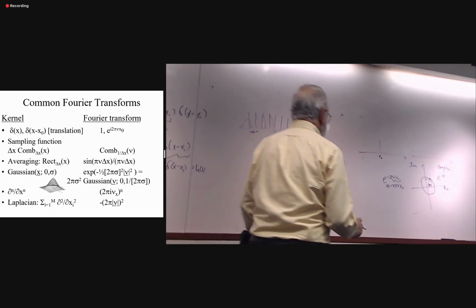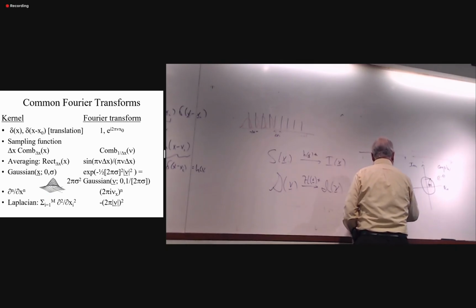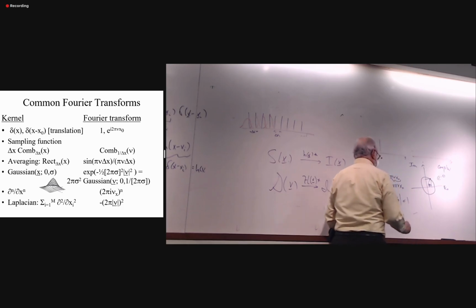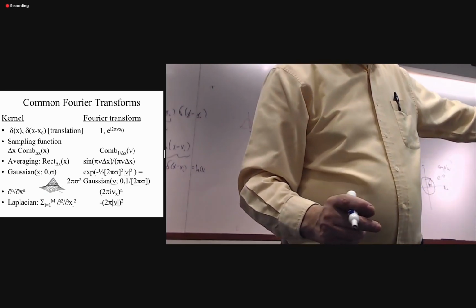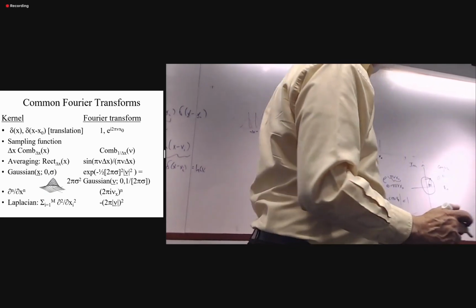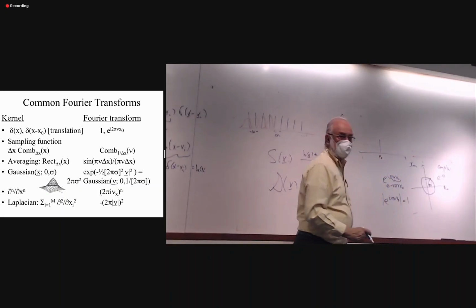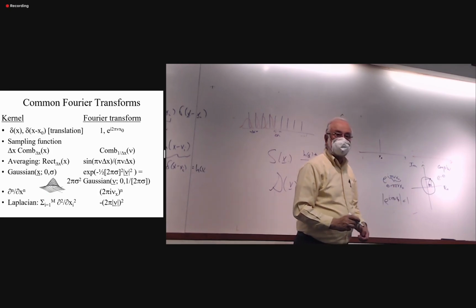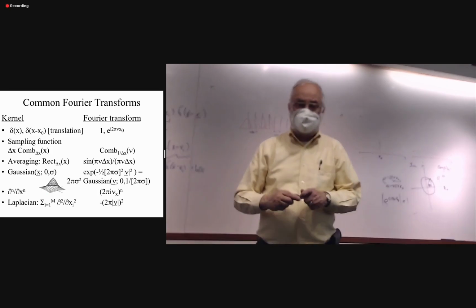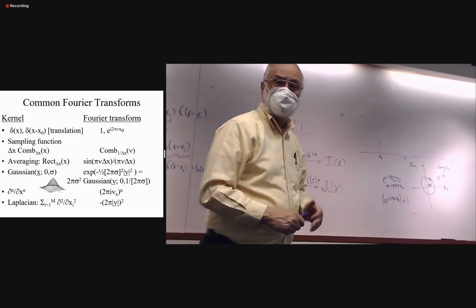Notice that every point on this is along the unit circle, which is to say e to the 2 pi nu x0, magnitude is 1. So this delta function doesn't change the magnitude component, but it offsets in phase by theta. And the phase transfer depends on both x0 and is different at every nu.